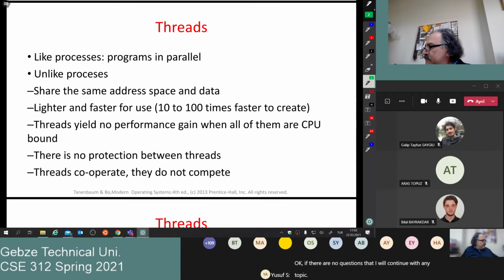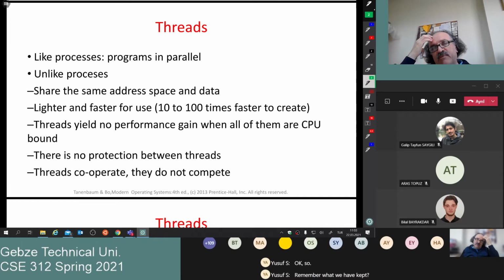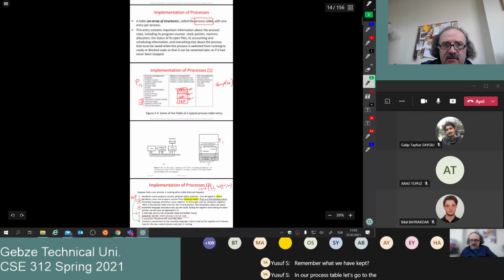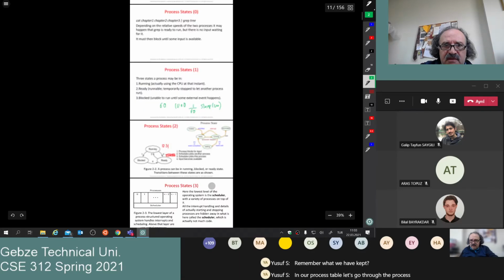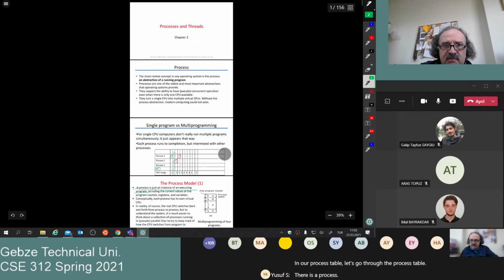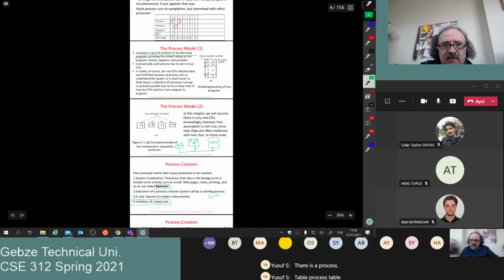Okay, so remember what we have kept in our process table. Let's go to the process table. What do I keep in my process table?